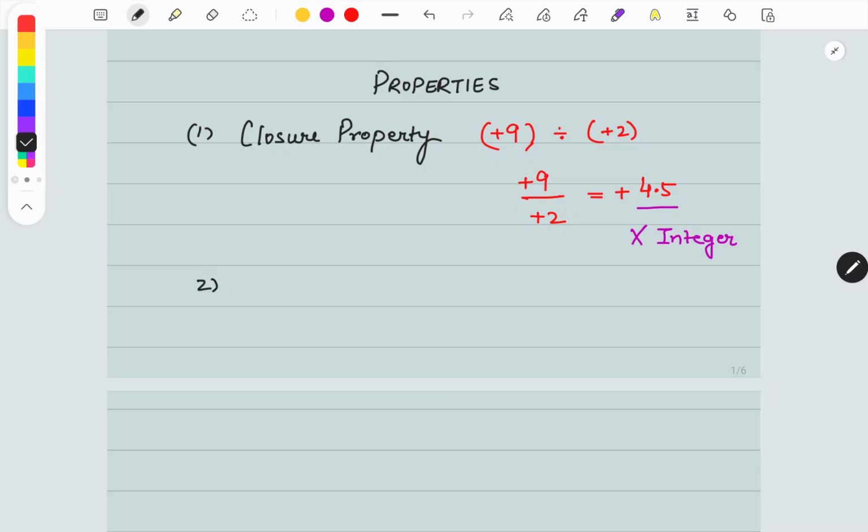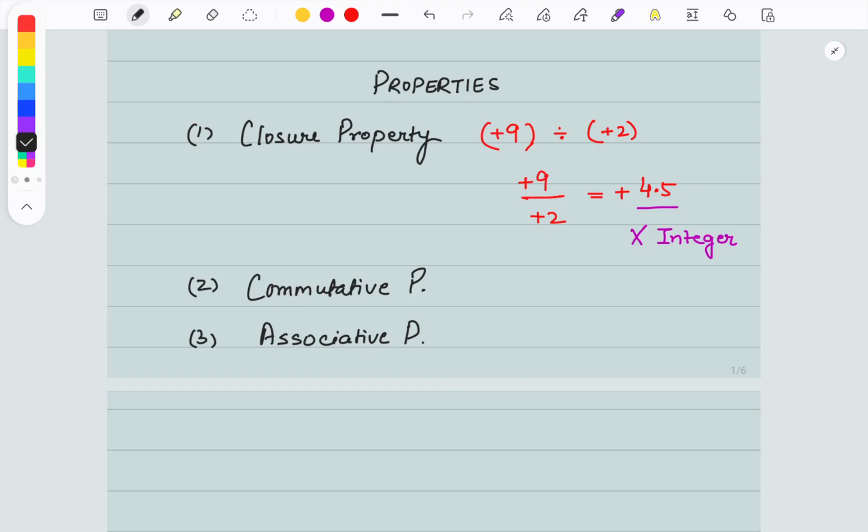Now the second one is commutative property and the third one associative property. In integers, division is not commutative and it is also not associative.